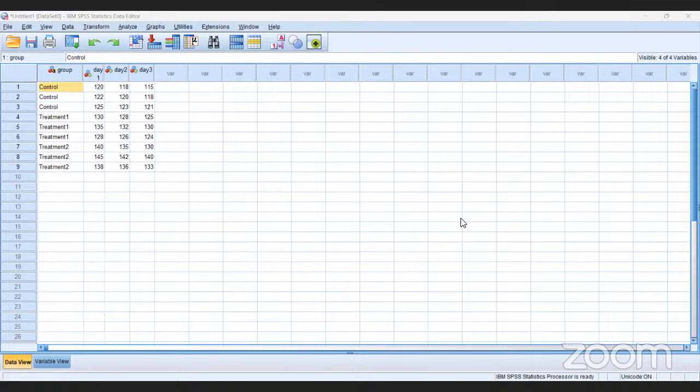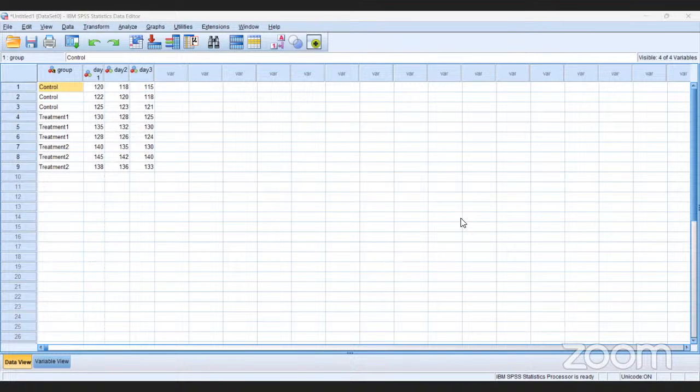This is SA1, SA2, SA3, SA4, SA5. And for item analysis, you have to click analyze, then correlate, then bivariate, then you have to click the first 5.